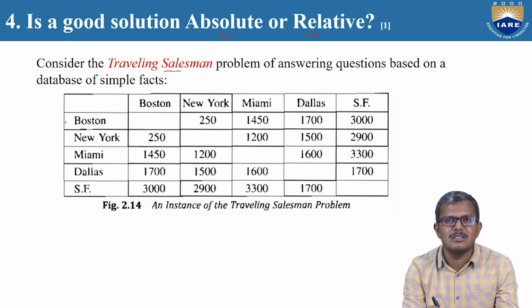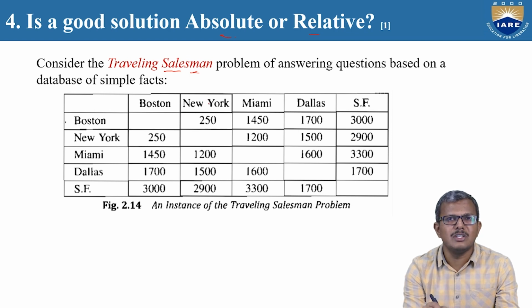Okay, so this table is telling all about the distances between some cities. What is this traveling salesman problem? The salesman is given some n number of cities to visit, and that visit is a regular visit. The salesman is going to look for the shortest path so that he can visit all the cities given to him.